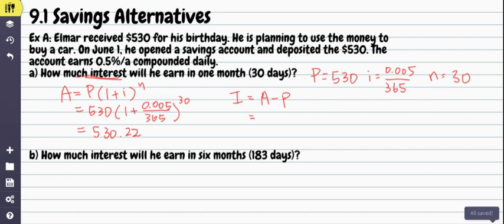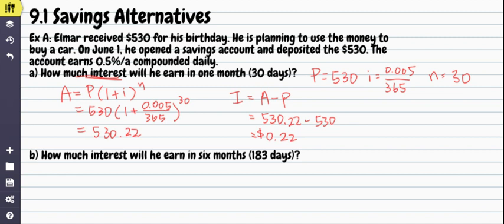So he ended up with $530.22, and he started with $530. So he made 22 cents in interest. So not great. That's why we want to have a higher interest rate, because 22 cents is not great. Although, you just put it in the bank, you didn't do anything with it. So you earned 22 cents for doing nothing. And that's not too bad.